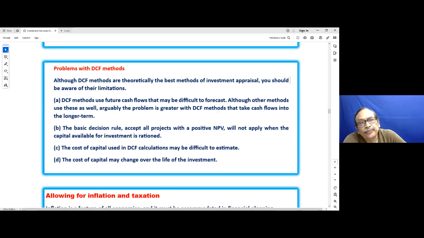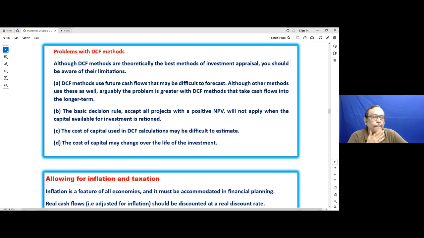Now, there are certain problems involved with the DCF method. Although DCF methods are theoretically the best methods of investment appraisal, you must be aware of their limitations. DCF methods use future cash flows that might be difficult to forecast. Although other methods use these as well, arguably the problem is greater with DCF methods that take cash flows into the longer term.